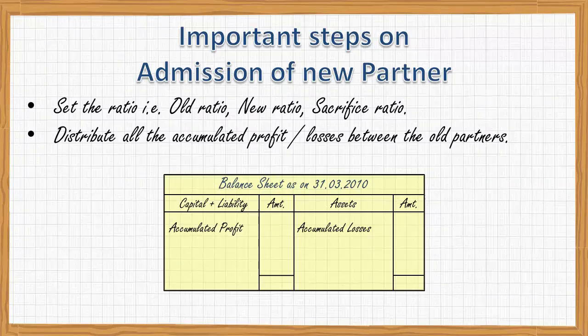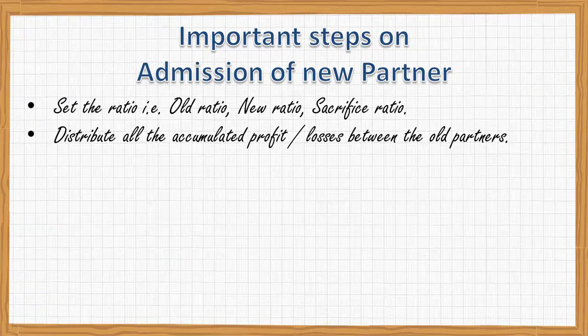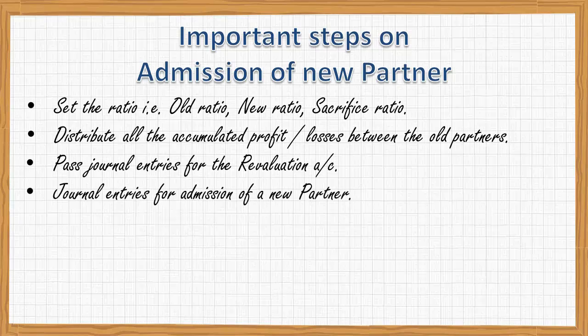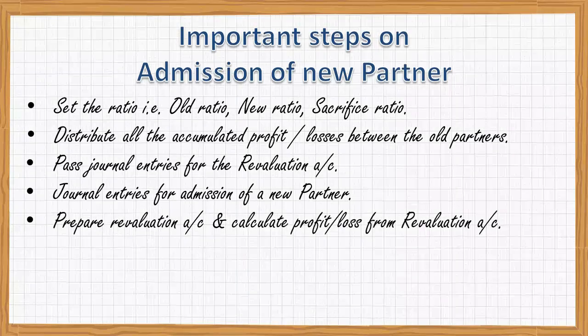Then you should pass the journal entries of revaluation account. And after that, journal entries for the admission of a new partner, because he is going to bring cash for capital and goodwill. And after that, prepare revaluation account and calculate the profit or loss from revaluation account.